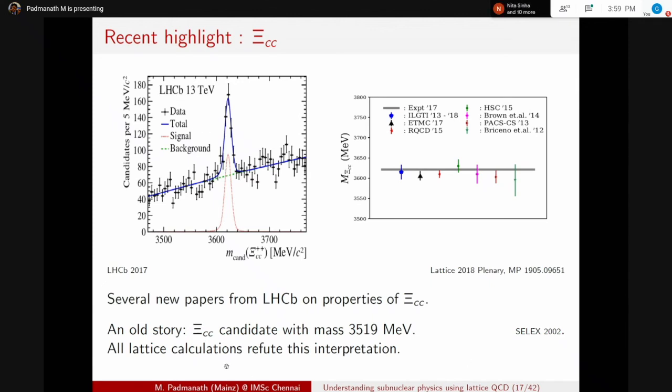As has been pointed out, there is an old story of a discovery of a doubly charmed baryon candidate which had a mass of 3519 MeV, claimed by SELEX. In fact, they have one or two published papers and three other proceedings. But none of the lattice calculations agree with this estimate.